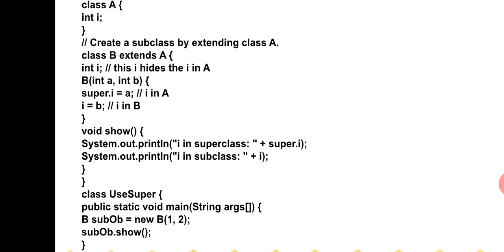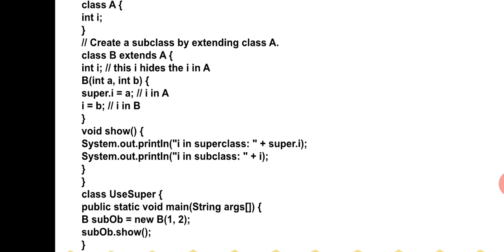As class B extends the properties of class A, class B will have access to the I of its own class, as well as the I present inside class A. In that case, this I hides the I in A. The I variable present in A will be hidden.